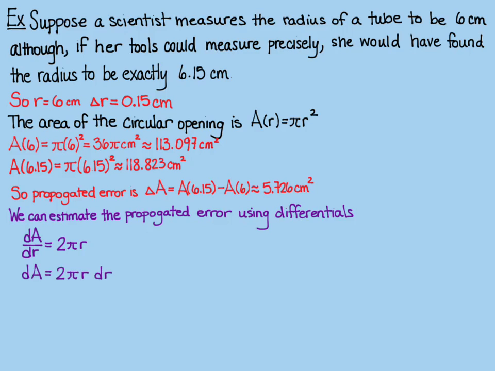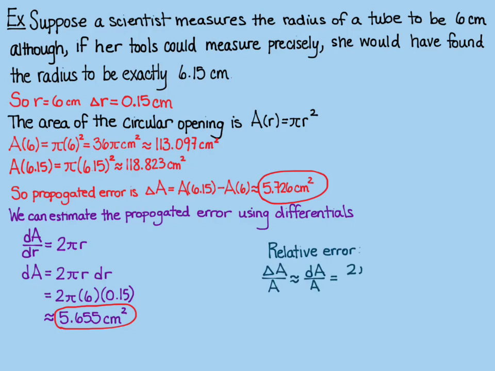So if we move the dr to the other side, we get that dA is approximately 2πr times dr. Plugging in 6 for r and 0.15 for dr, we end up with 5.655 square centimeters, which is very close to the propagated error we found, 5.726 square centimeters. The nice thing about this was that we didn't need to do any advanced computations or estimate what 6.15 squared is. We were able to do this pretty easily.